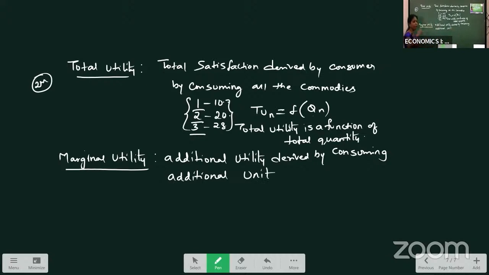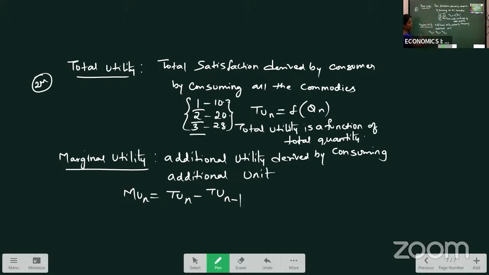Means when we take one extra unit, we are going to get extra satisfaction. Okay, how will we calculate this one? MU is equal to TUn minus TUn-1. So this is how we have the marginal utility concept.